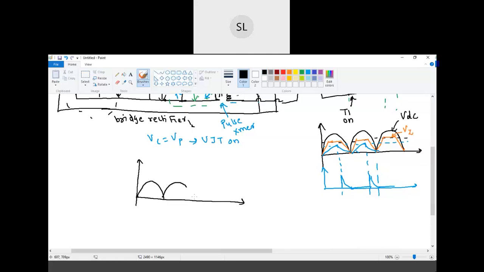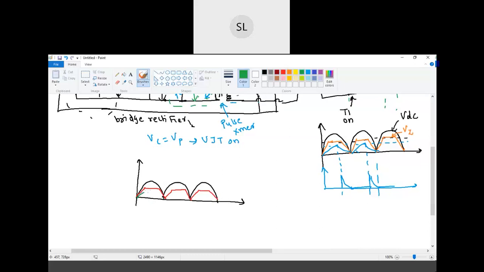So depending upon the RC time constant, the number of pulses will be generated.